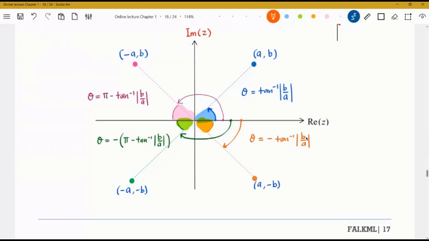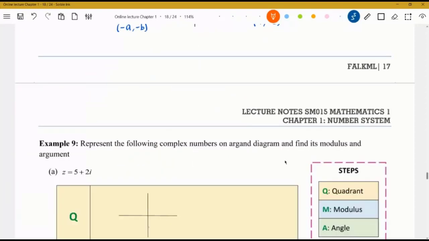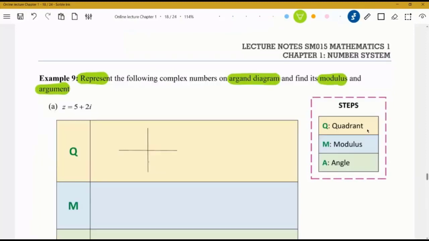So kita akan apply all this formula into the next example, which is example 9. Okay, example 9, we have to find the modulus and argument. So first thing kita nak represent in Argand diagram. So saya dah letak start dekat sini untuk kamu. Quadrant, modulus, angle. Untuk quadrant, kita ada z equal to 5 plus 2i.